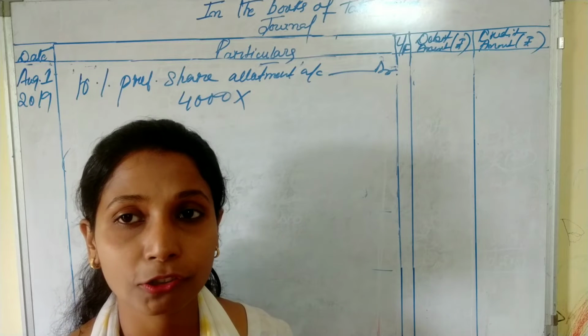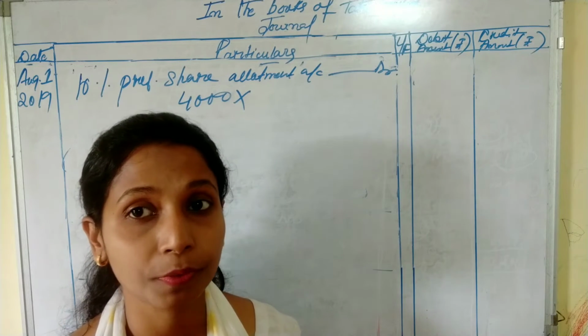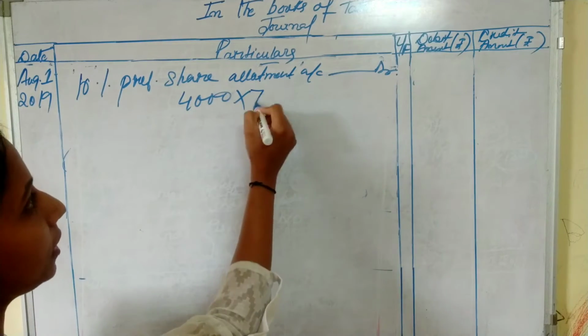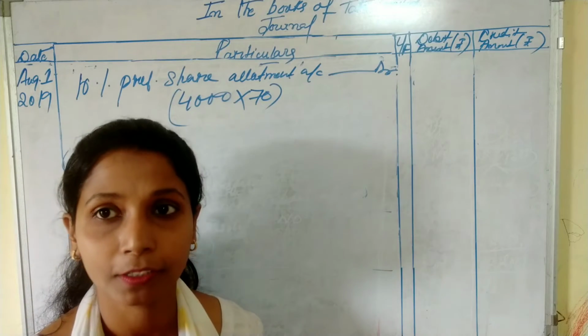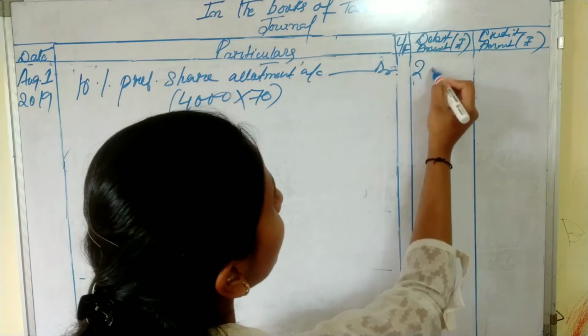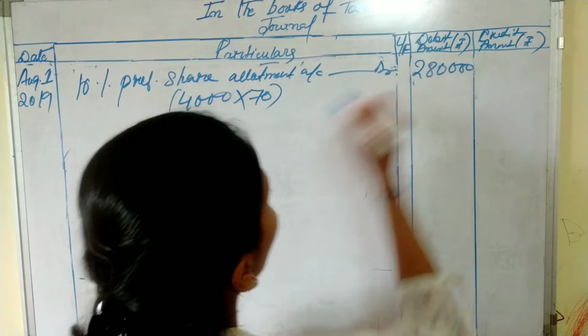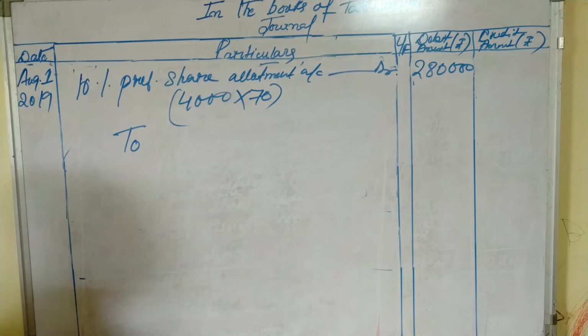Amount here in the question it is given including premium, the amount for allotment is rupees 70. 4,000 multiplied by 70, that is 2,80,000.